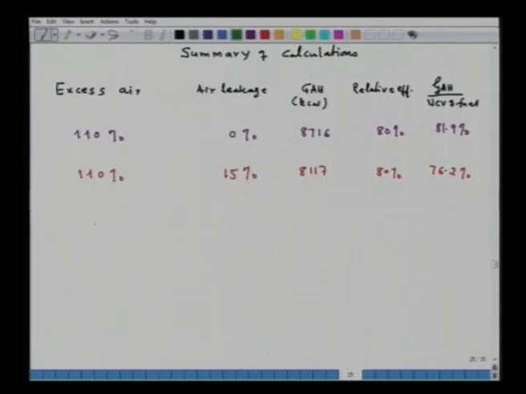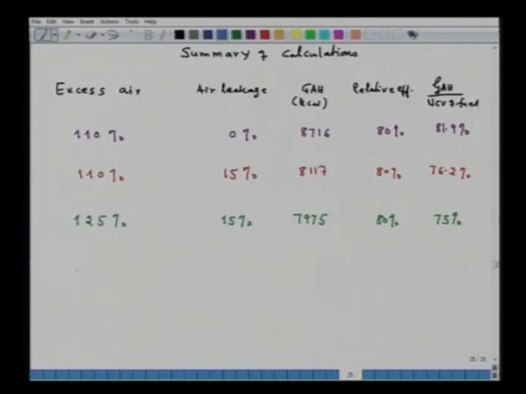Third case, we have taken 125% excess air, 15% air leakage, gross available heat was 7975. We assumed again 80% relative efficiency and the heat available was 75% of the net calorific value of fuel.